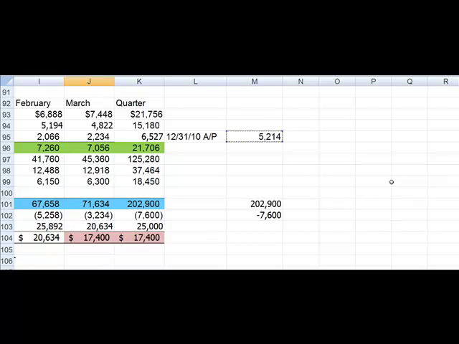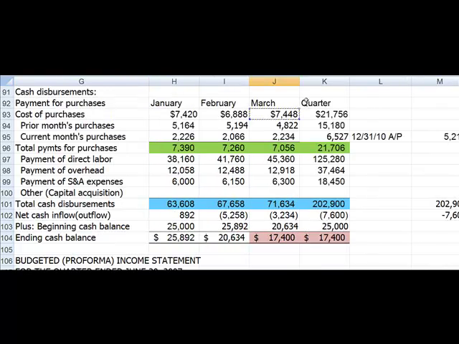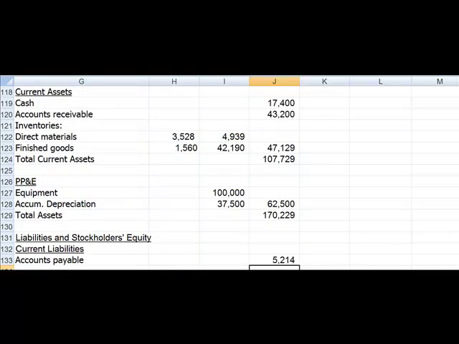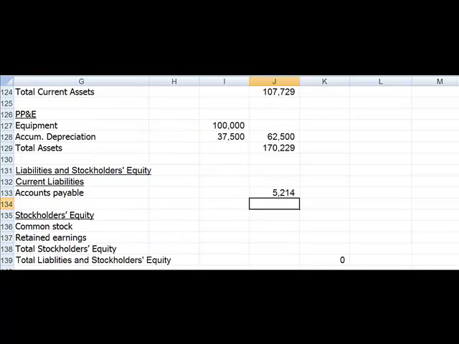And the way we got that is we have our purchases for March of $74.48, and then we paid the current month of $22.34, and the difference gives us our $5,214. So we bring that down.